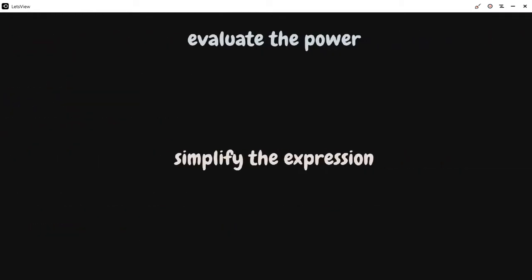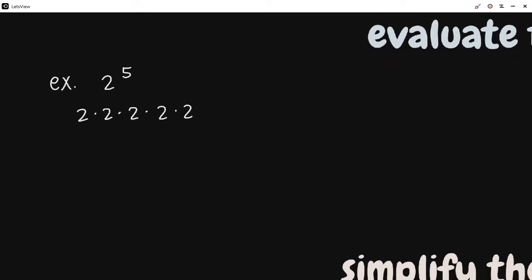Okay, so we're going to do some problems where we evaluate the power. So if we have 2 to the 5th power, that means 2 times 2 times 2 times 2 times 2. So we're going to multiply 2 by itself 5 times, and you'll get 32.